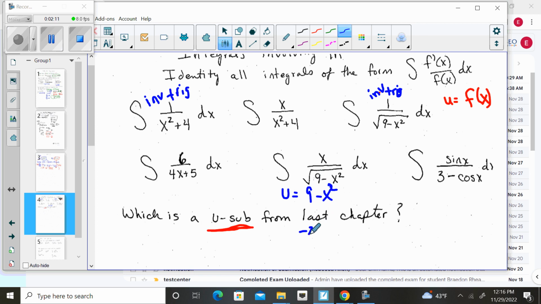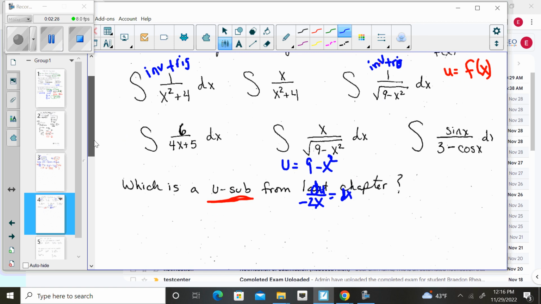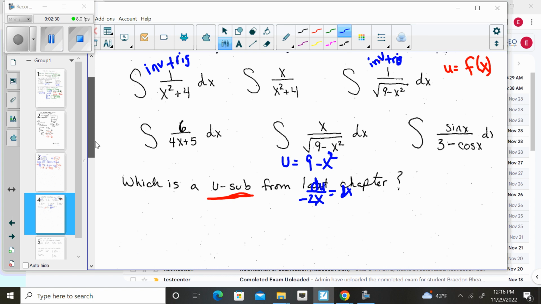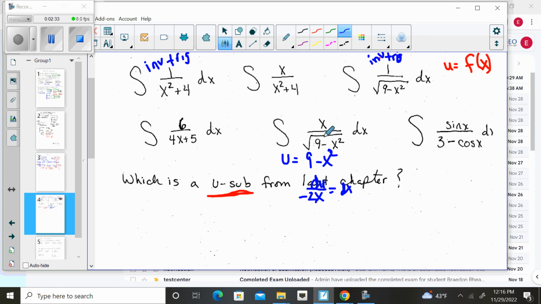We're going to get negative 2x for du dx, so du over negative 2x is going to equal dx, which results in this integral. It wouldn't be bad if you practice this. So maybe pause the video right here and make sure you can do this. This was similar to problems you were doing on test 2, because you do have to redo these on the final. So perhaps pause the video and finish this one up.